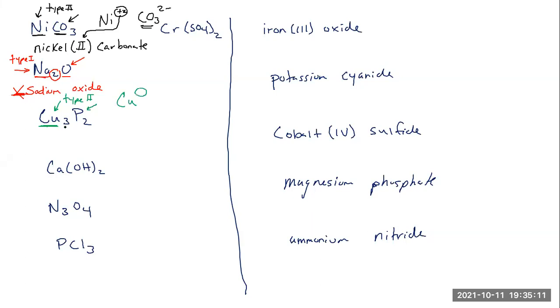The 3 here is important in this case because we don't just have one copper, but we actually have 3 copper ions that we're not sure what the charge is. We do know that phosphorus, which is group number 5, has a -3 charge. And again, we see here that there's not just one of those, but there actually are 2 of them.